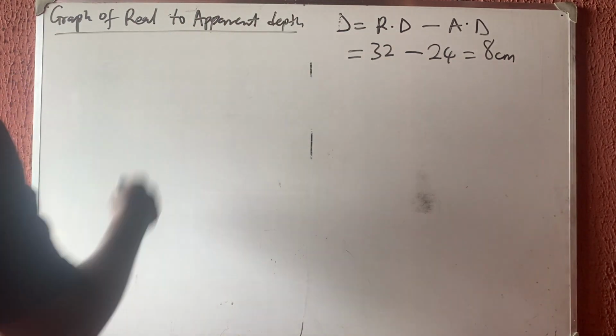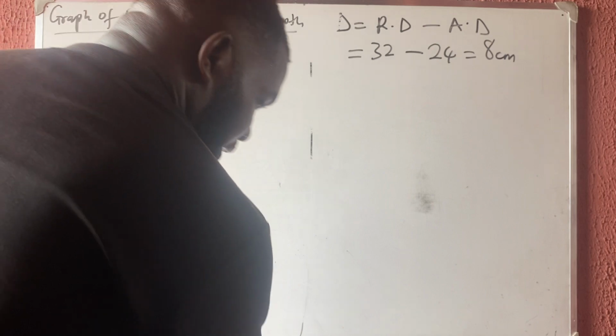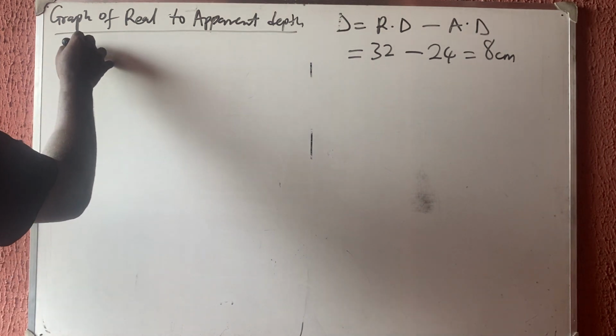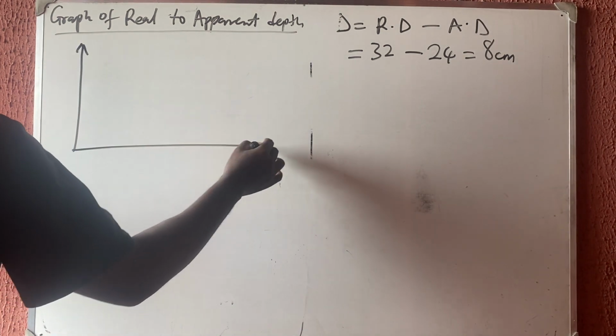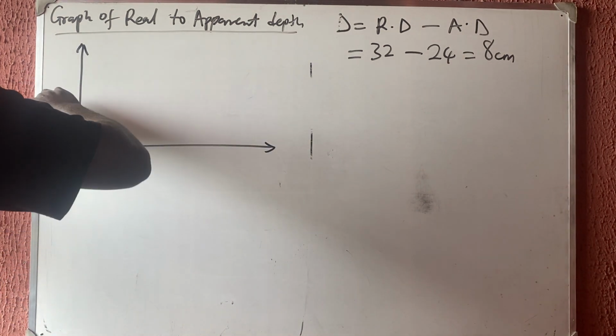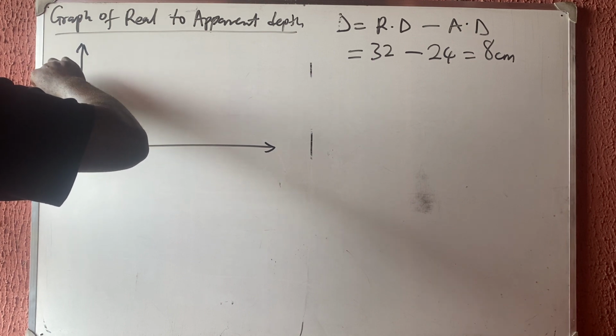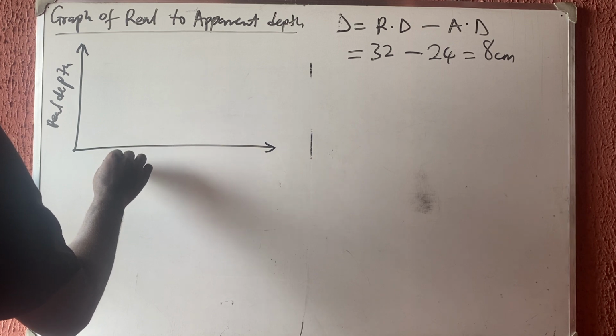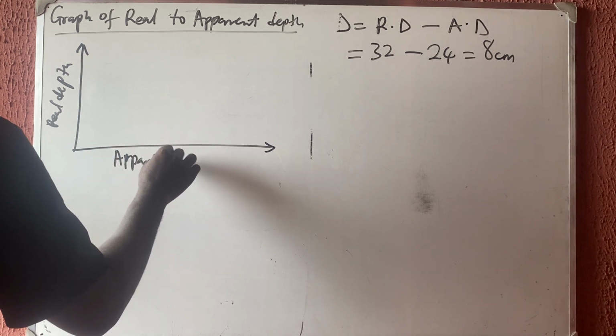Having this is very, very simple. The graph is just a straight line graph that passes through the origin, while the vertical axis is the real depth and the horizontal axis is the apparent depth.